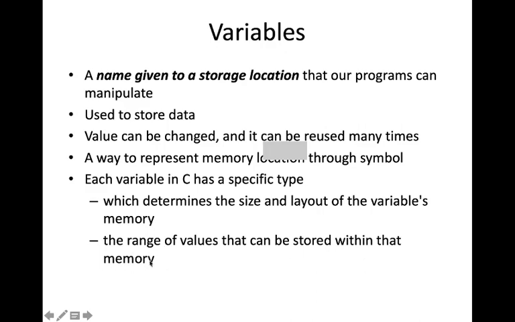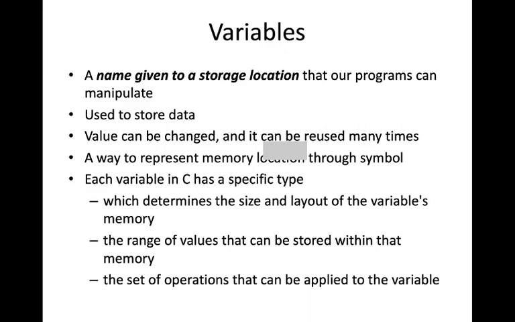We have already seen that if it is integer, it takes 2 bytes, or if it is 64 bits, it will be 4 bytes. If it is 2 bytes, you can take values from minus 32,768 to plus 32,767. So the range of values is also indicated by the type of the variable.